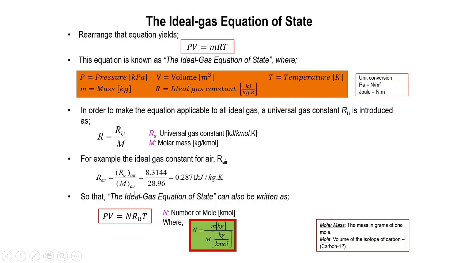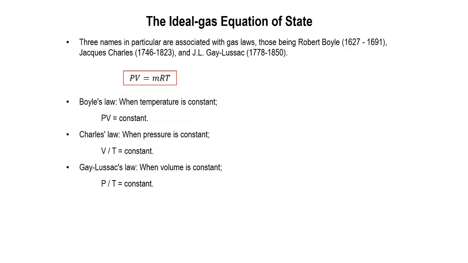For an ideal gas, the equation of state can also be written in terms of the number of moles. So we have PV equivalent to N times Ru times T. There are three names in particular associated with the ideal gas law: Robert Boyle, Jacques Charles, and J.L. Gay-Lussac.